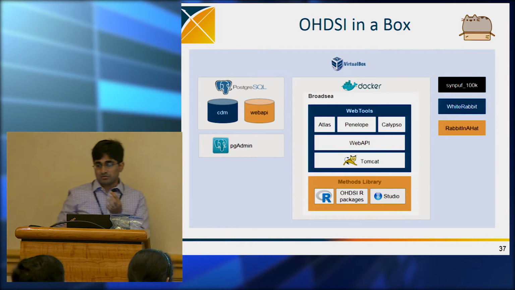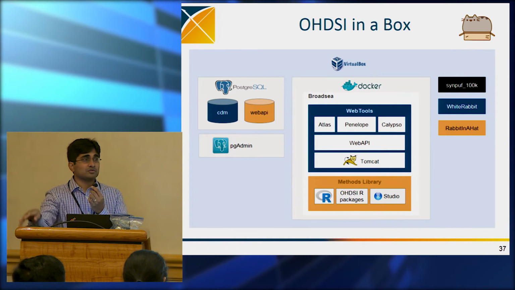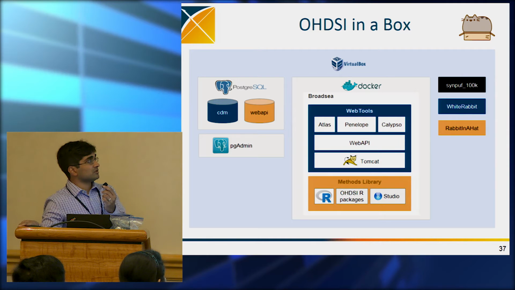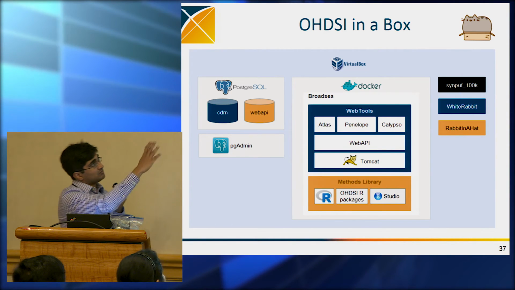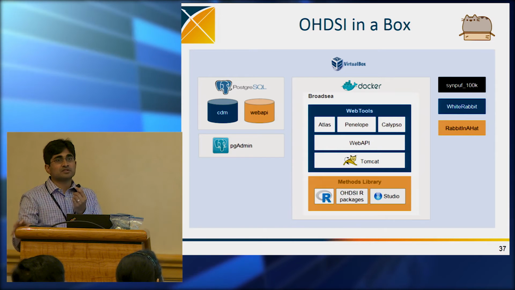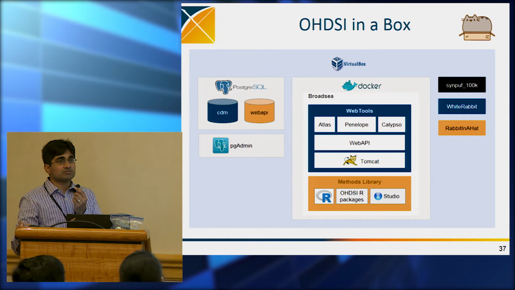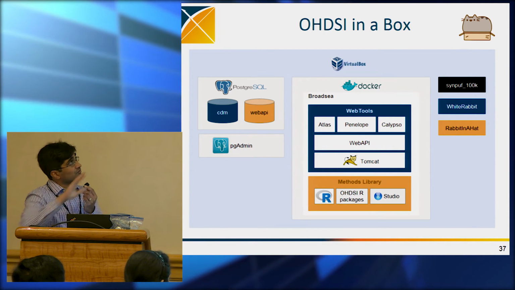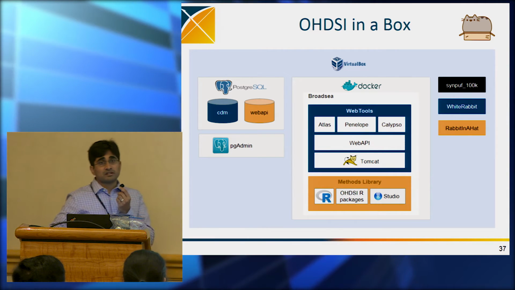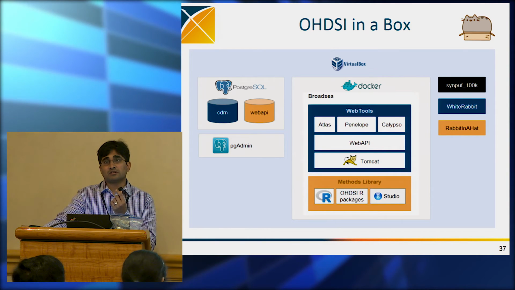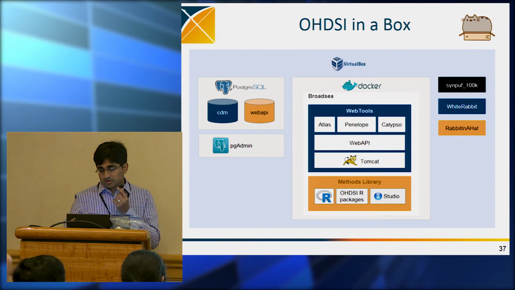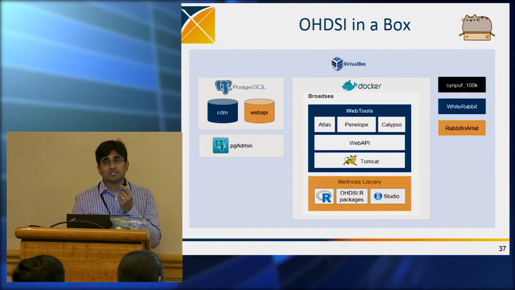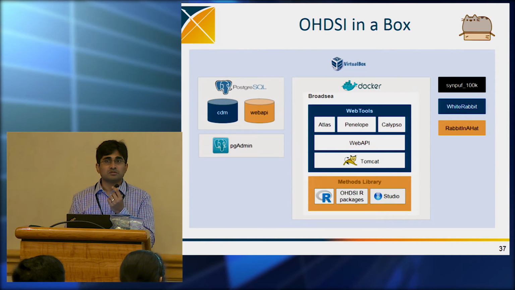Those of you in tomorrow's architecture tutorial might be using the other pieces. The VM will also have Atlas running, so if you wanted to explore that, you can. But for this tutorial, we're mainly going to be focusing on the database and looking at the vocabulary. So all you really need is access to the Postgres database as well as pgAdmin, which is a GUI tool to run queries.